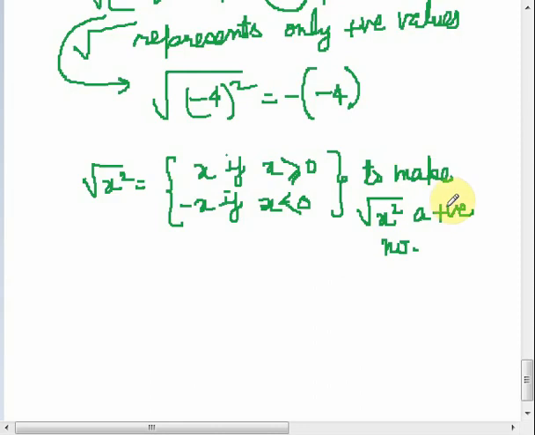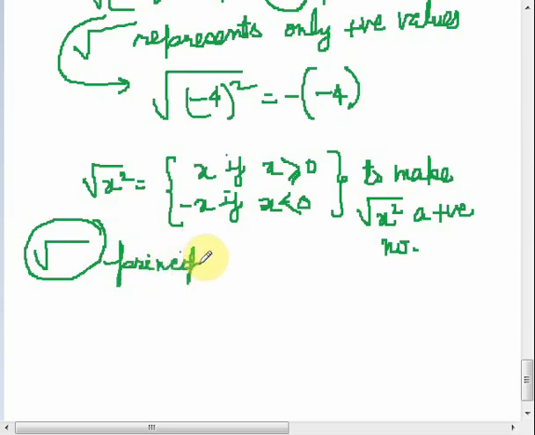This is by definition of this value. This is always positive, the principal square root. Right? And this is also called the absolute value function.